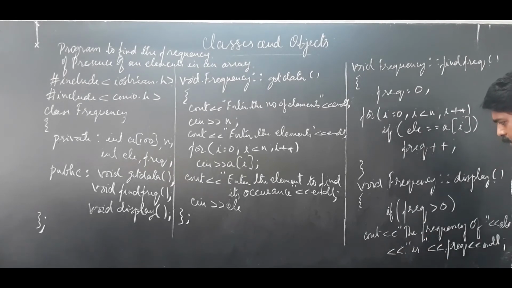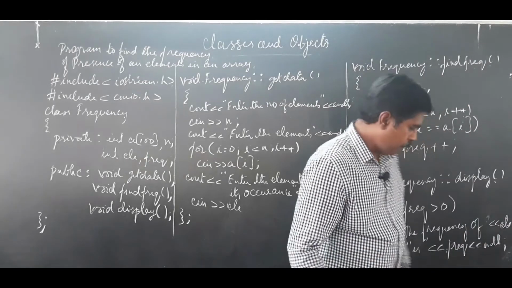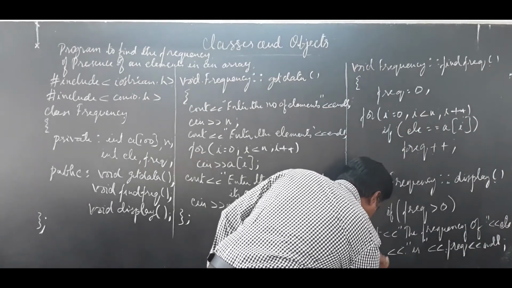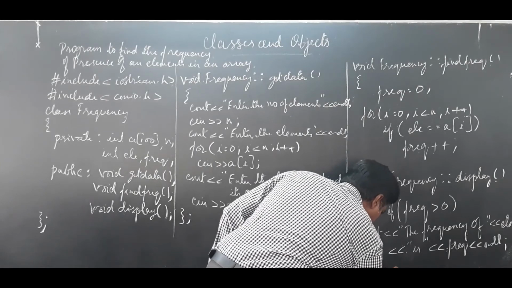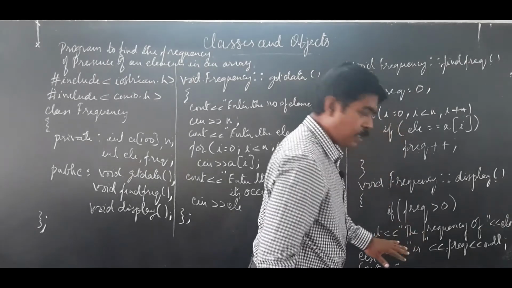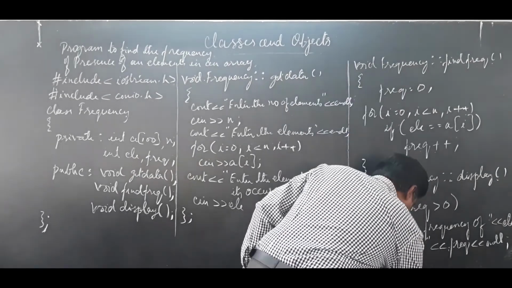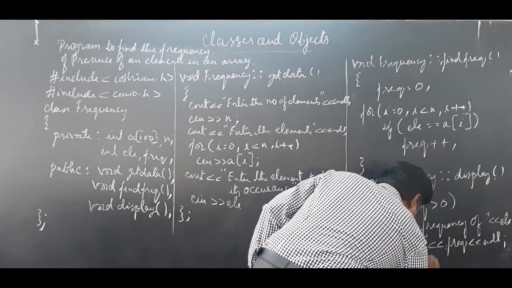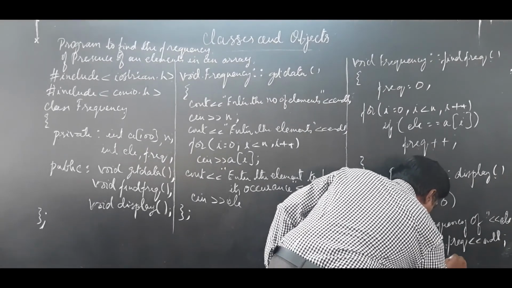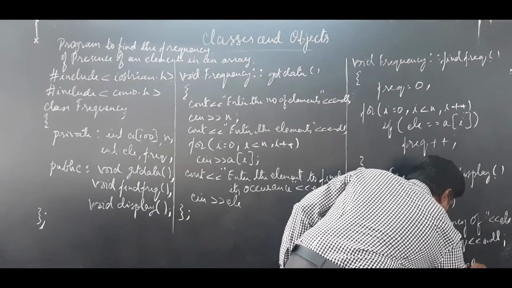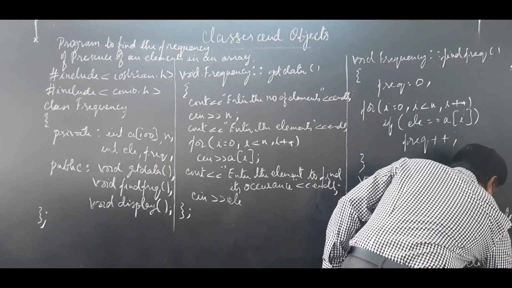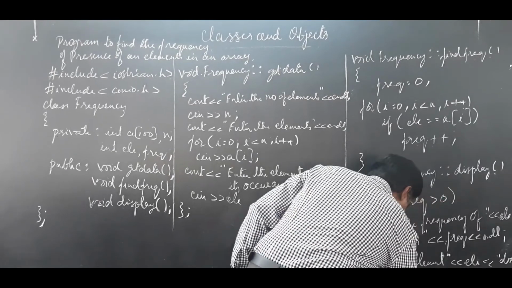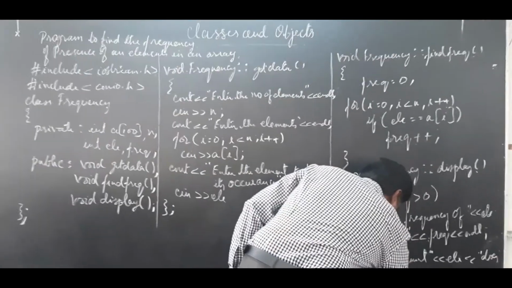The else part of this if clause will be, that is else, Cout, the element ELE does not exist.